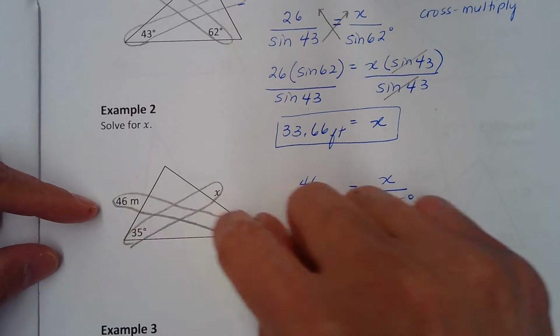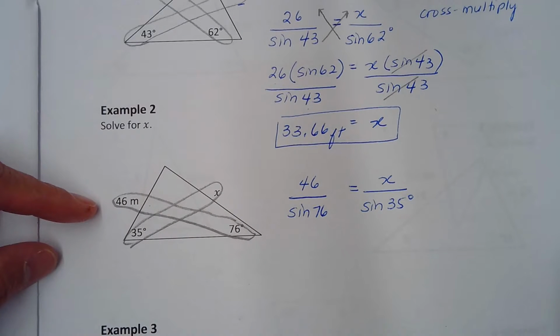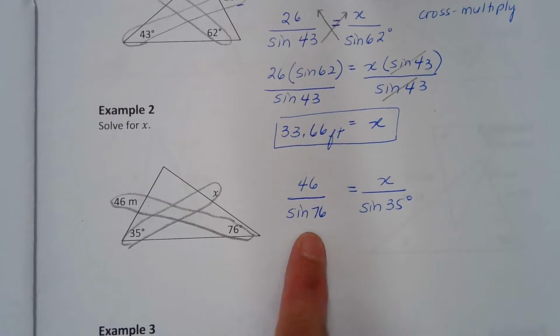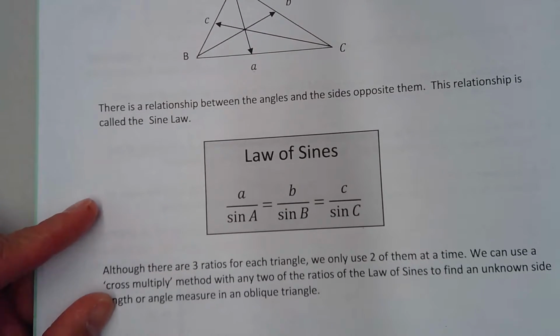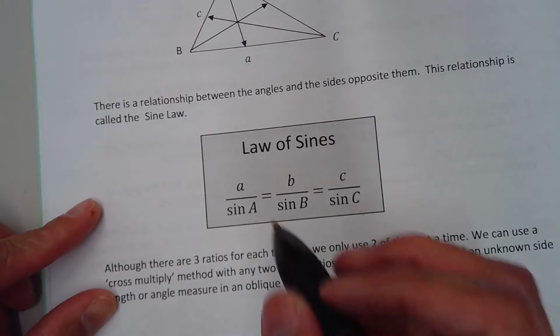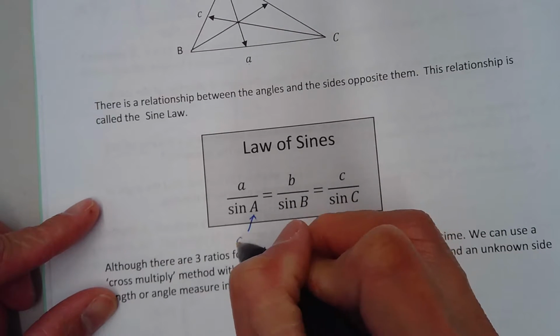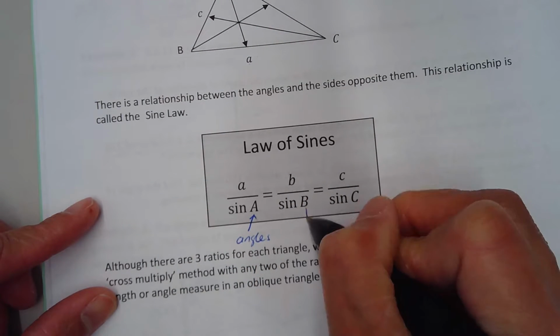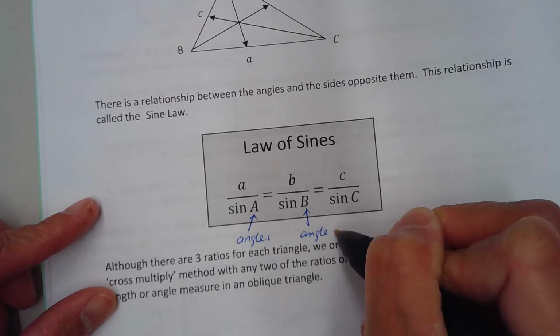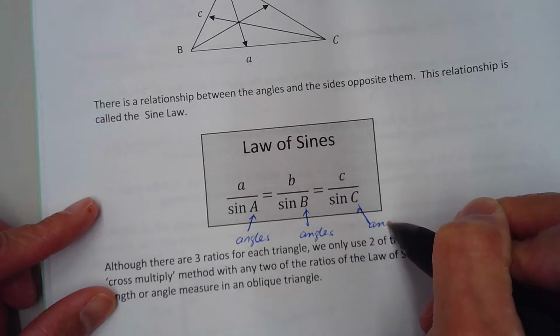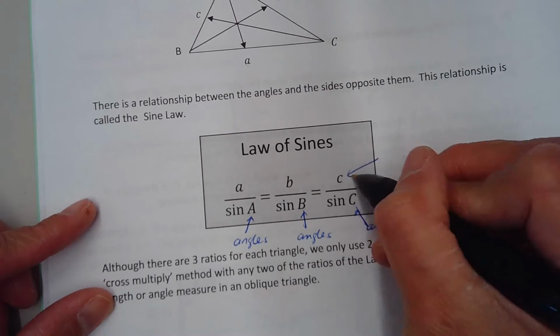Yeah, these two. No, no, no, because the sine has to be... Good question. Oh, okay, yeah. This one is angles. We said angles are uppercase and these are sides.